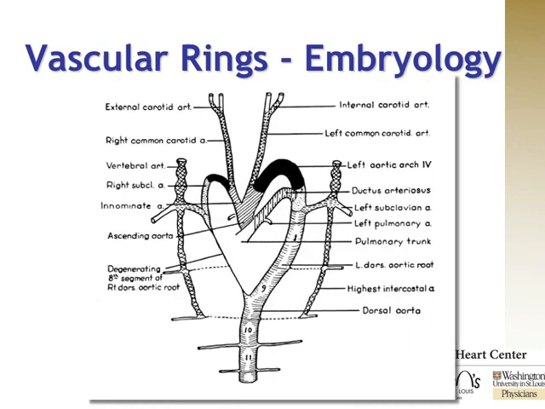And in normal development, the distal part of the right arch, which is demonstrated here, involutes completely to give us our normal left aortic arch appearance with the characteristic branching pattern of the great vessels.